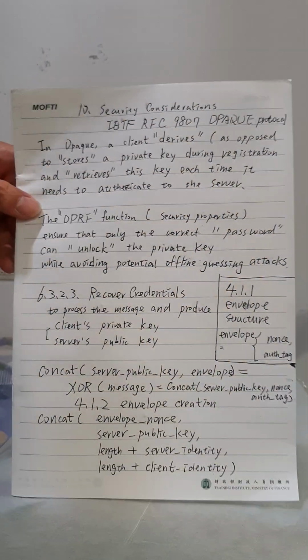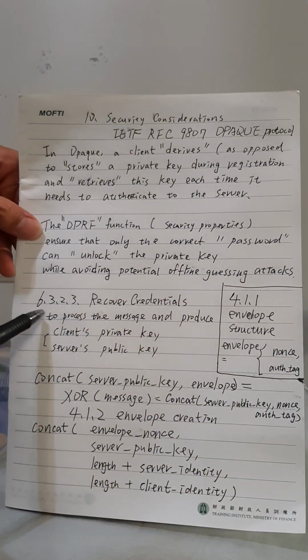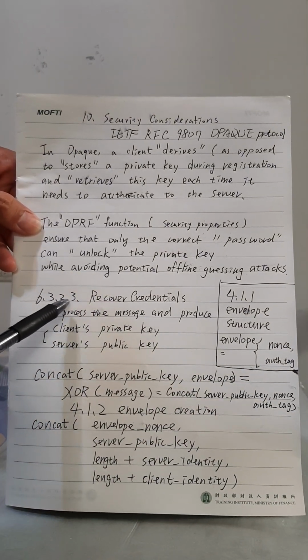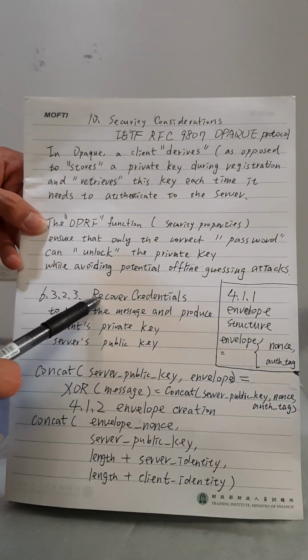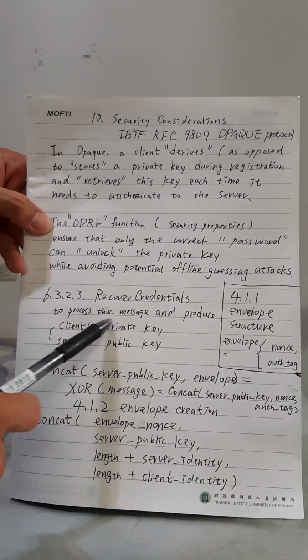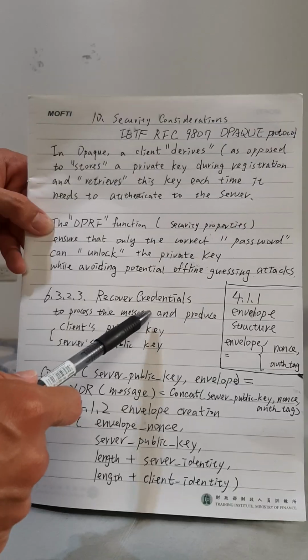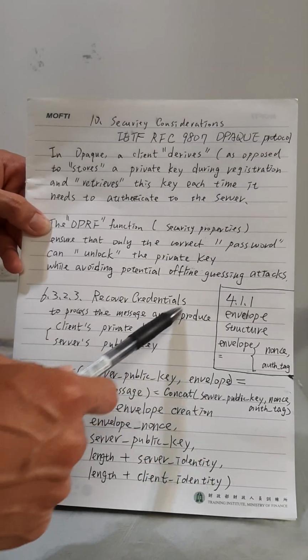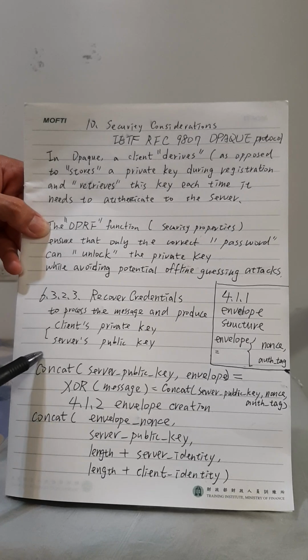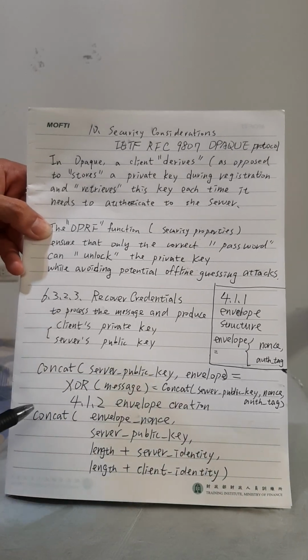So how to retrieve the credential? You open Section 6.3.2.3, retrieve credential. The client processes the message of the server and produces the client's private key and the server's public key.